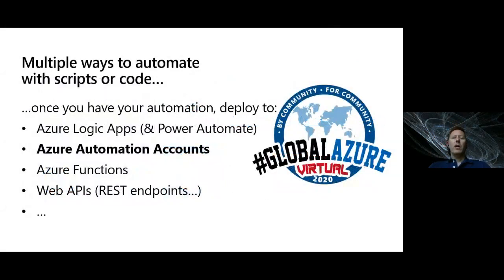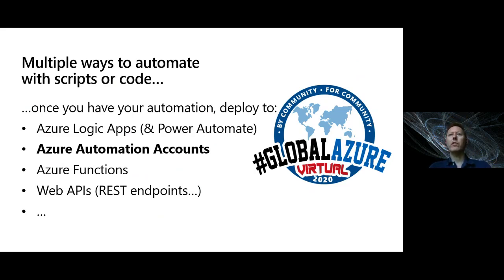If you have worked with PowerShell with Azure, you know there are multiple ways to automate tasks. Usually as an IT administrator, you want to be able to run your code on a daily basis.